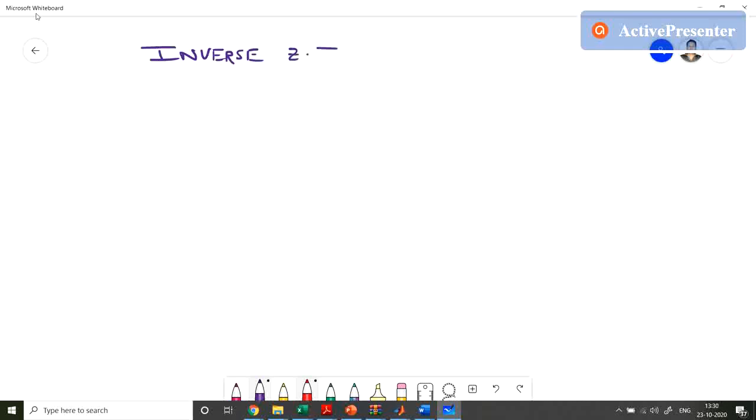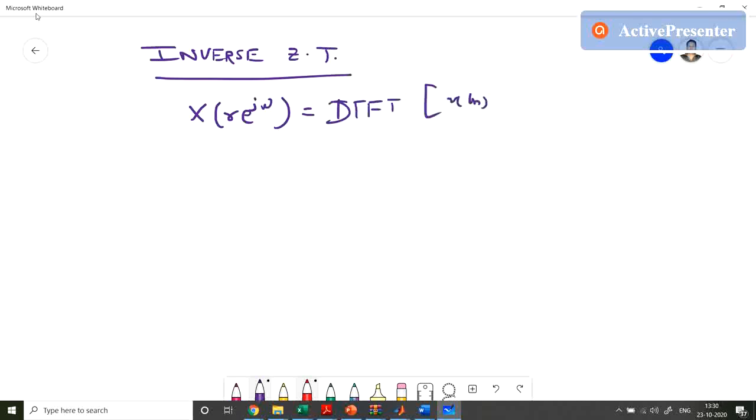Z transform. So what is the inverse Z transform? Let us start with the relation that X(r e raised to the power j omega) is the discrete time Fourier transform of x[n] r raised to the power minus n.